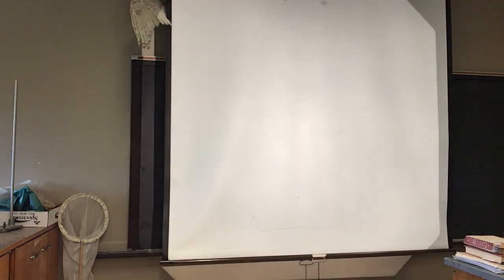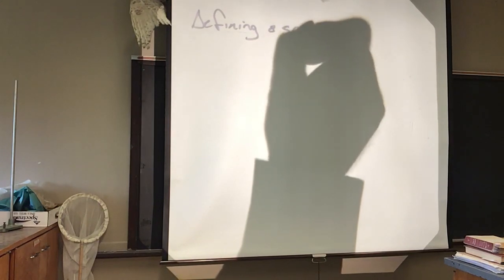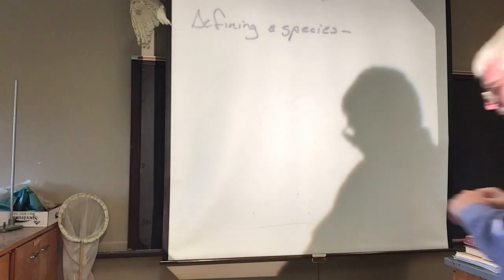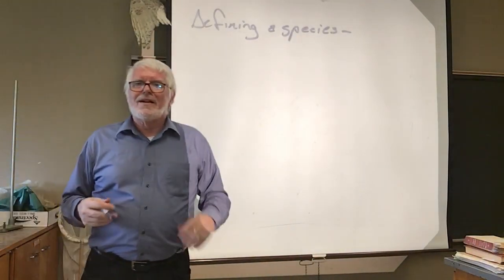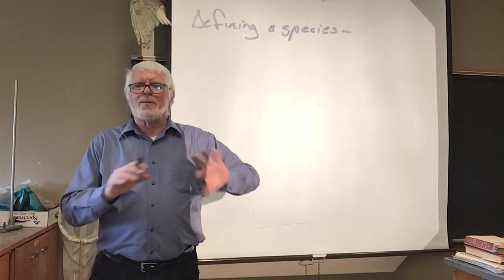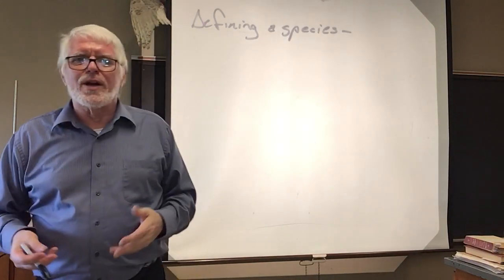So, what the heck is a species? It used to be, I know it when I see it. People were describing stuff and they'd say, well, this one's different enough from that one that we're going to put them in different species. You know, fox over here, dog over here.